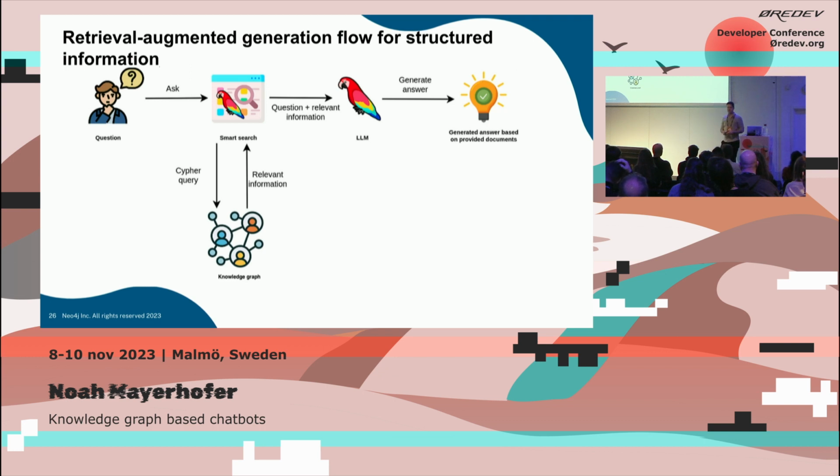So instead of doing vector similarity search, we create a query, run it against our knowledge graph database, and then return the relevant information. And then we have the same thing. We send the question plus the relevant information from the database to the LLM and let it answer the question. So it's basically just another step. Instead of doing similarity search, we generate a Cypher query.